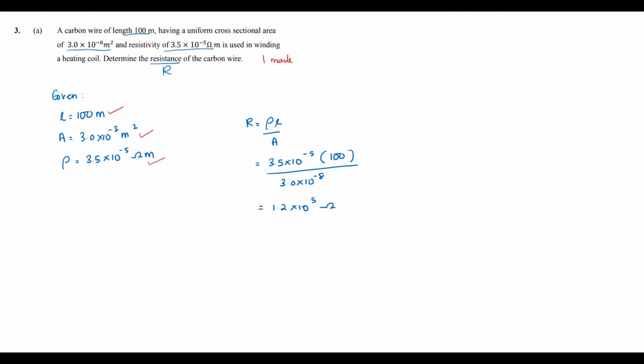Then use equation R equal to rho L over A. So substitute all the information given: resistivity, length of wire 100 meter, and the cross-sectional area. So calculate, we get R equal to 1.2 exponent 5 ohm.